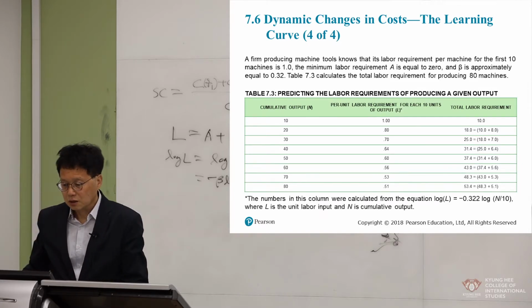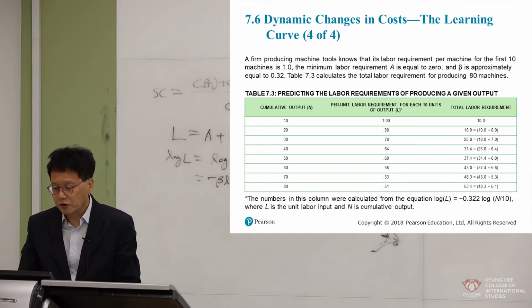That is data. Take an example of a firm producing machine tools that knows its labor requirement per machine for the first 10 machines is 1. When you're producing up to 10 units, the average labor requirement is 1. So total labor requirement is 10 multiplied by 1, so 10.